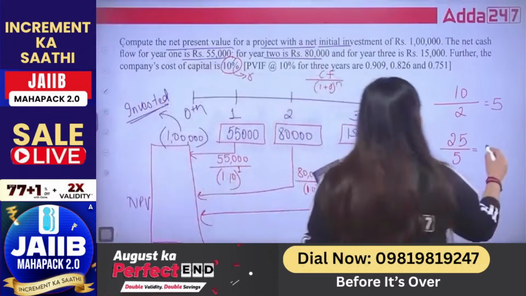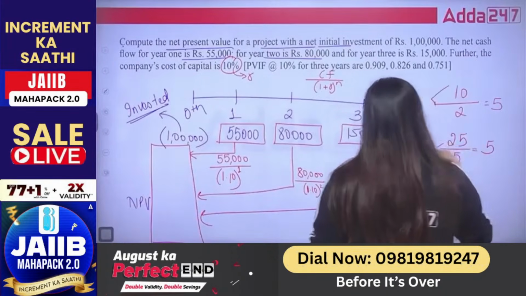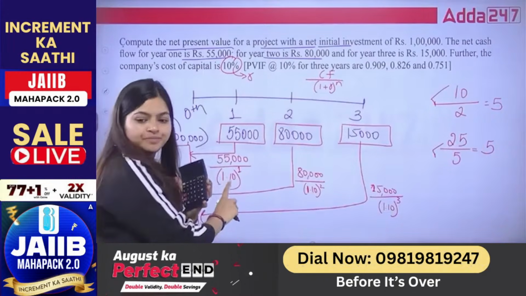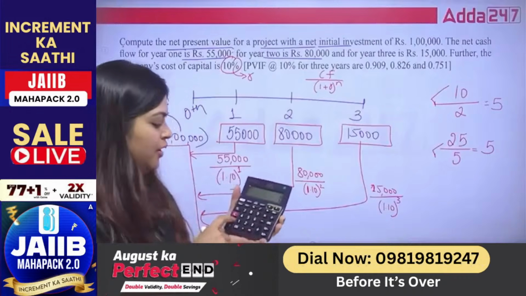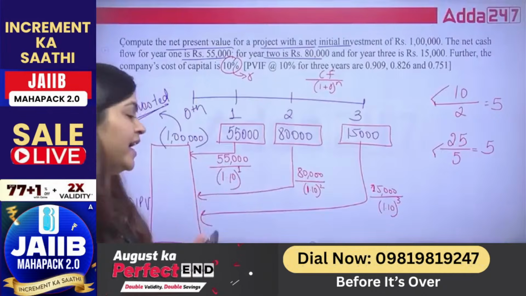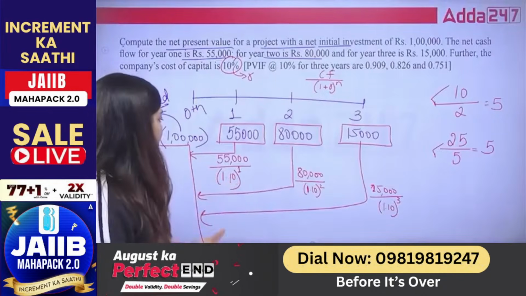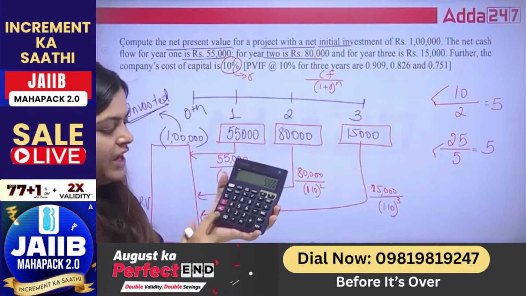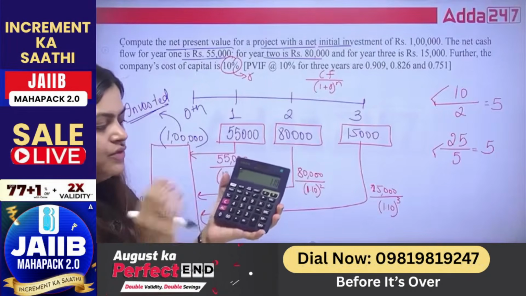I hope you know how to do basic division with your calculator. If you know this, then let's come to this part. What is the numerator here? That is 55,000. And what is the dividing figure, the denominator? 1.10. 55,000 divided by 1.10.